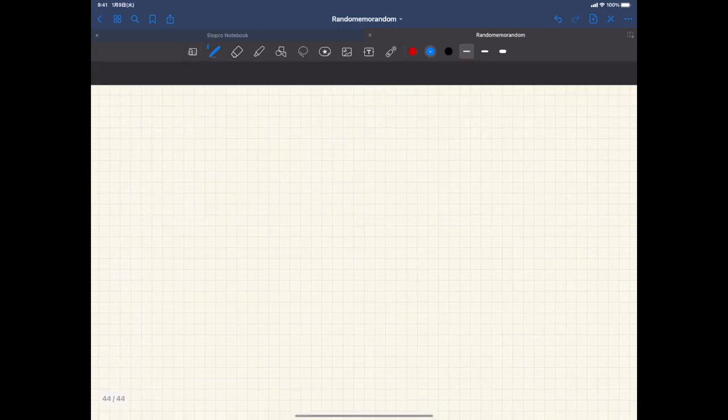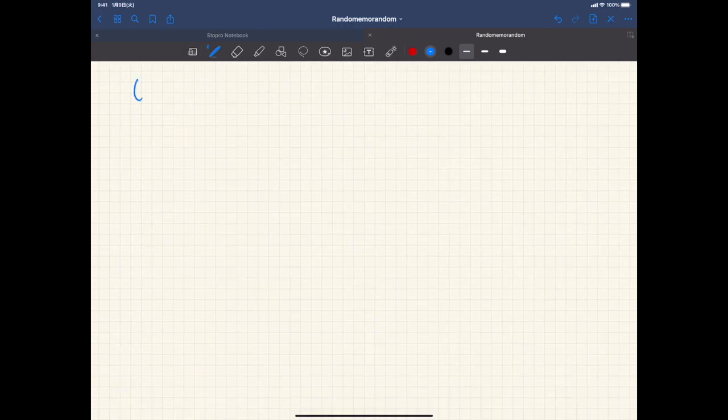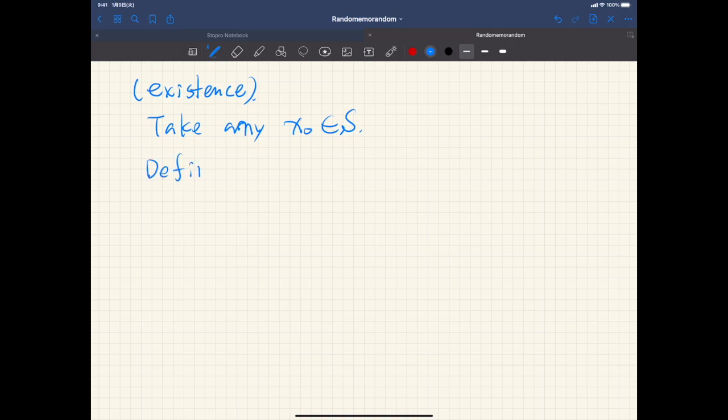Next, we prove the existence of a fixed point. Take any x0 from S. Then we define a sequence x1, x2, and so on by this recursive formula: xn equals f of xn minus 1, for n equal to 1, 2, and so on.